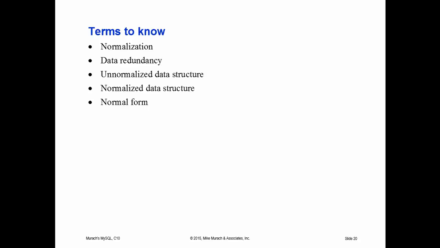Data redundancy: you want to minimize redundant data. An unnormalized data structure is, as it says, a data structure that has not been normalized. A normalized data structure is one that has at least gone through first normal form, or 1NF.